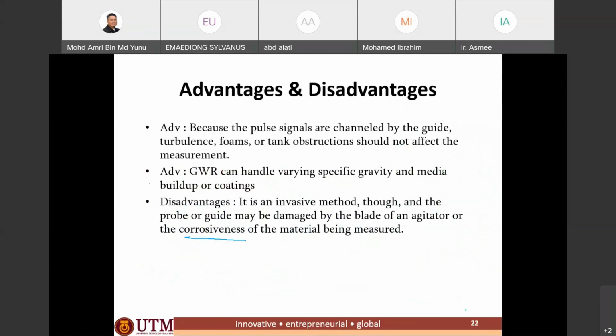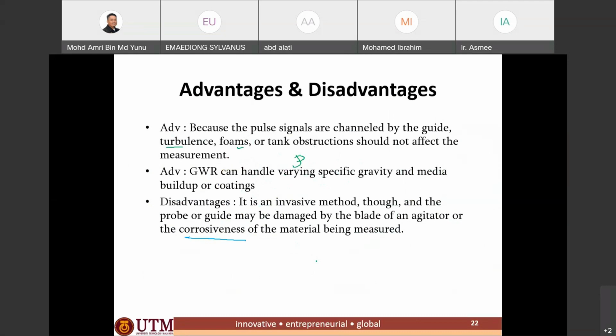So the advantage of this method, this is wave guided, means that in the presence of foam or turbulence, it will not affect the measurement. And then it can handle varying specific gravity, meaning the density of material with changing density, and is also immune to coating problems.